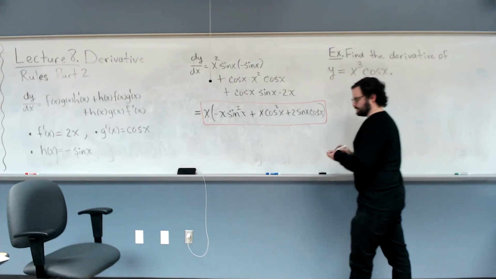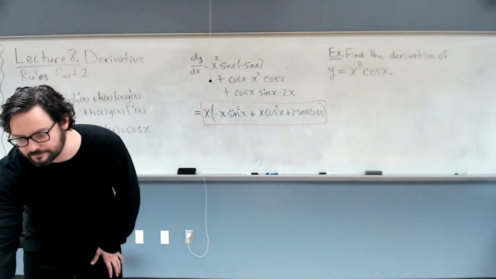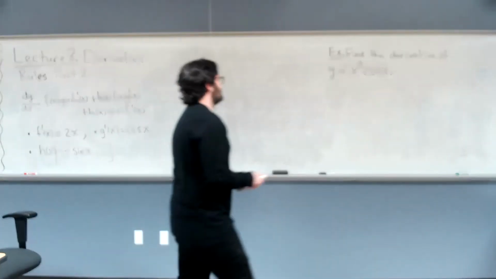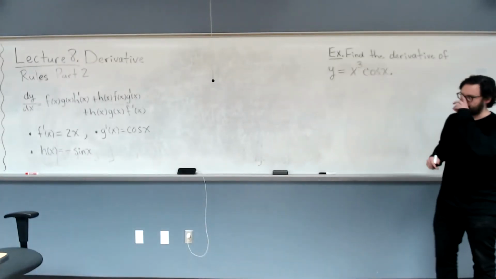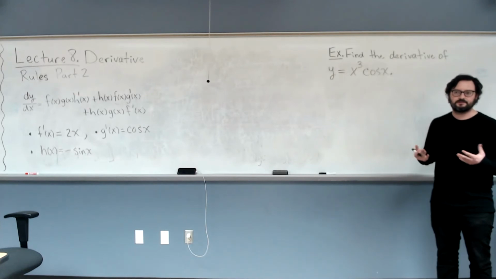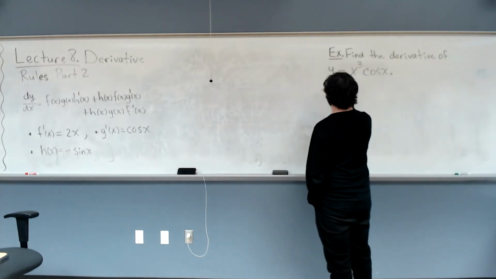I'm going to pause the recording for 5 minutes. Okay, so this is a simpler version of what we just did, and it's just an application of this product rule that I wrote as a theorem. So let's look at the solution.